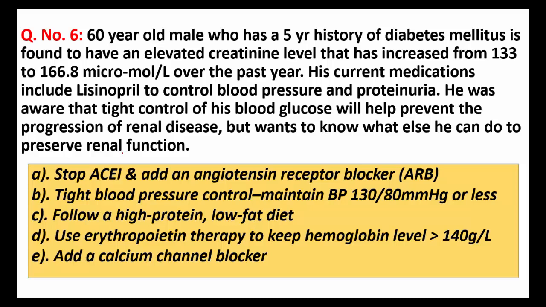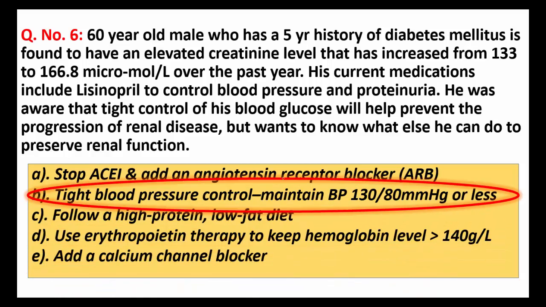What we can do is preserve the renal function so that it can do the normal activities that the kidney was doing before. Add a calcium channel blocker. So the most important thing is tight blood pressure control, maintain BP 130 by 80 mmHg or less. So the best option is this.